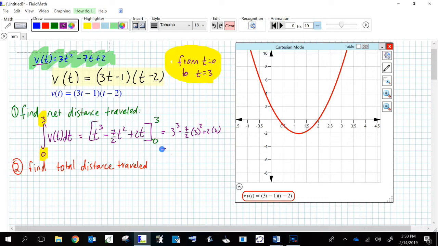Then we subtract all of this evaluated at 0, which is 0, so all of that is just minus 0, which we don't need to write. So we need to figure out what 3 cubed is, and when you do all the math on this, you're going to get 27 minus 63 halves plus 6. When you figure out what that number is, that should be your solution.